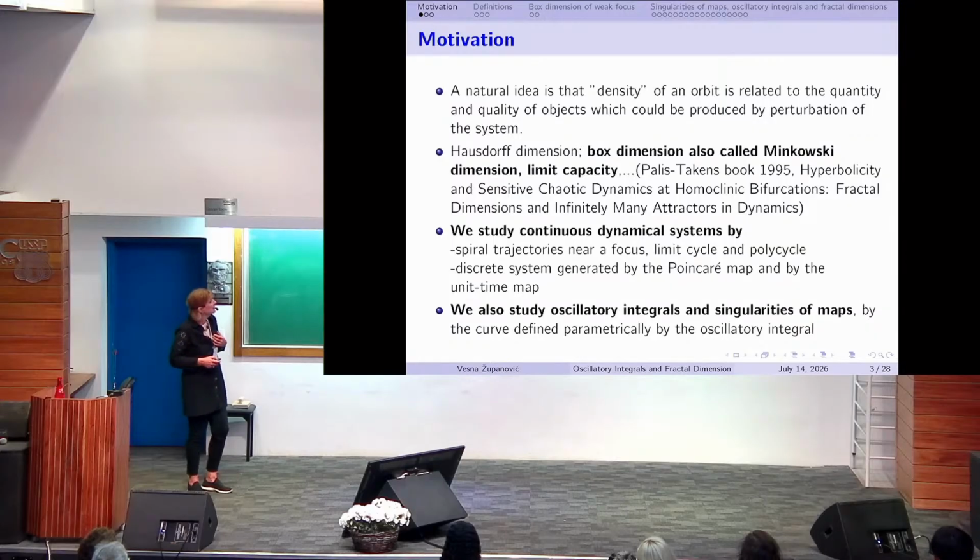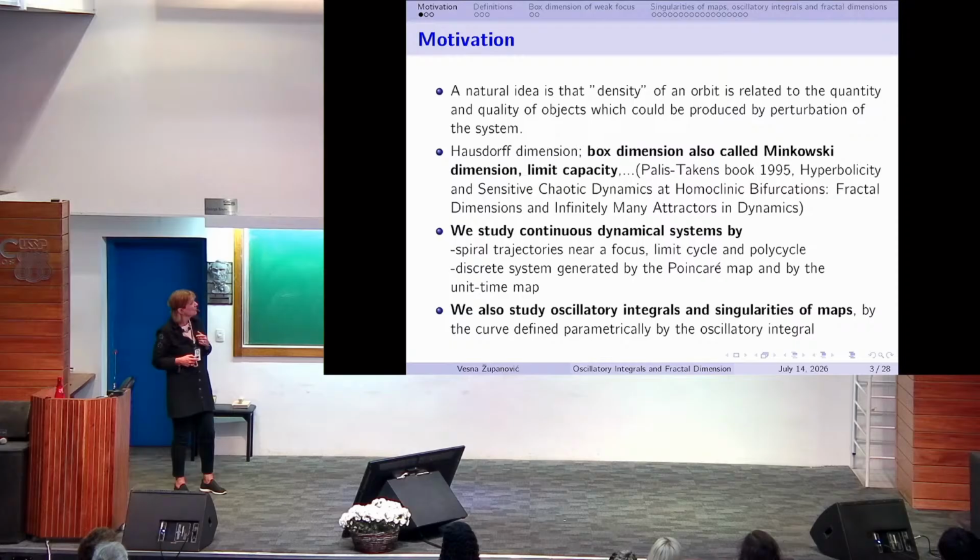In our first article, we were using box dimension, but now I think that maybe Minkowski dimension is the most suitable name. You will see later why I think so. Limit capacity is also quite a popular name from the 90s.